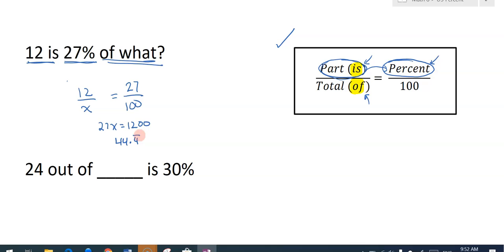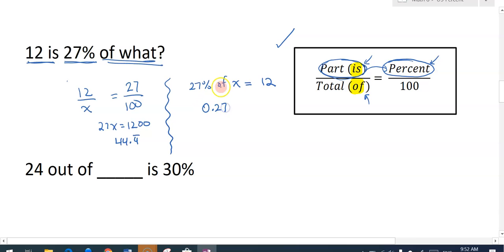That's one way you could do it. There is another method you could do it. We could use our, 12 is 27% of what number? 27% of what number is 12? We could write it out more algebraically. Well, 27% of some number is 0.27 multiplied by x. 0.27x equals 12, right?